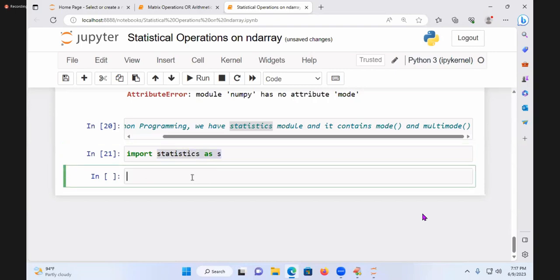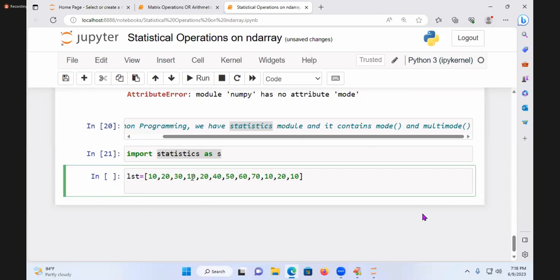Now I want to take up, look at, students. LST is equal to 10, 20, 30, 10, 20, 40, 50, 60, 60, and 70. This is my data. Here I will take 10, 20 also. 10, 20. One more time 10 I took. Which one is the most repeatedly occurring? 10. Please observe it.